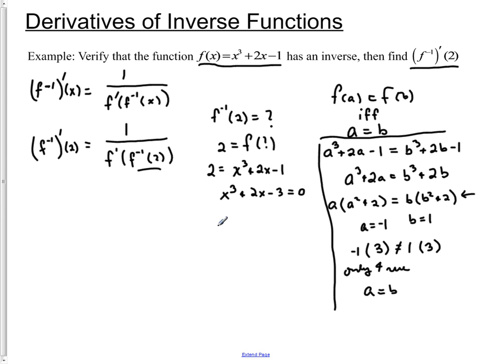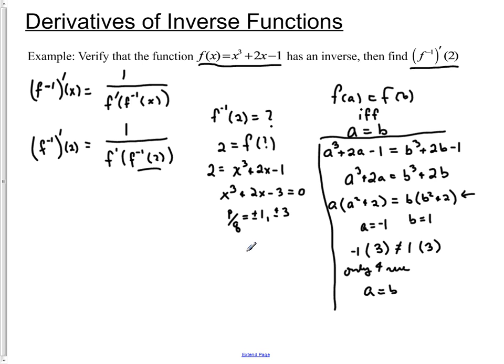Well, it is a polynomial, and we know that in certain polynomials we can use the leading coefficients test to come up with a set of possible rational zeros that would solve this equation. And our list of possible rational zeros in this case include positive or negative 1 and positive or negative 3, right? Because it's factors of 3 over the factors of the leading coefficient 1.